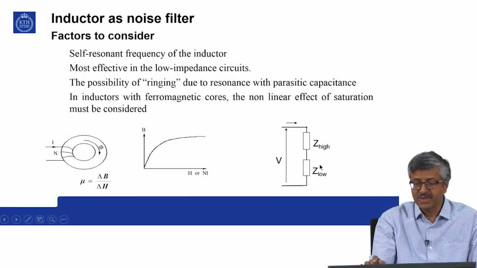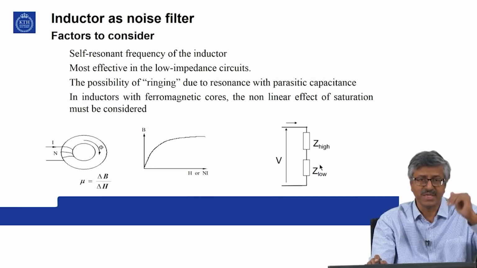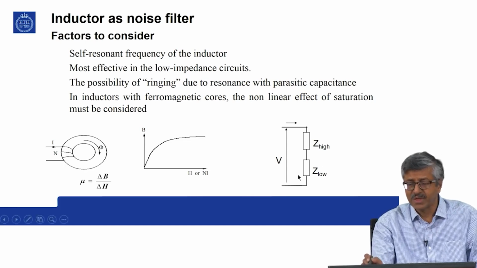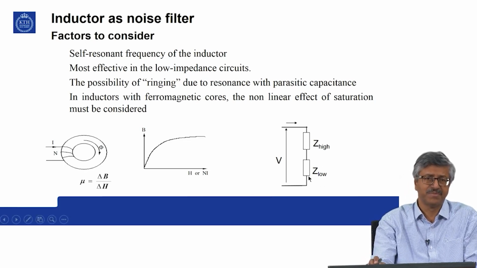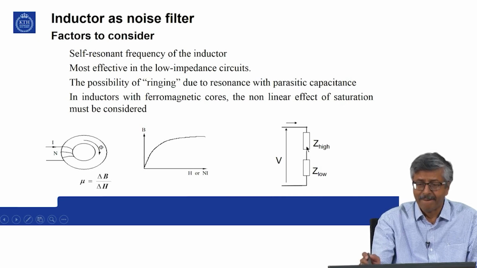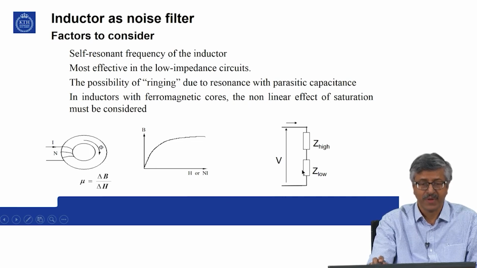As the frequency is increasing, inductor impedance is also increasing, and it should be much higher than your normal impedance, and it is easy to be higher than the normal impedance of the circuit if your circuit already has a low impedance. So, this is most effective in low impedance circuits.